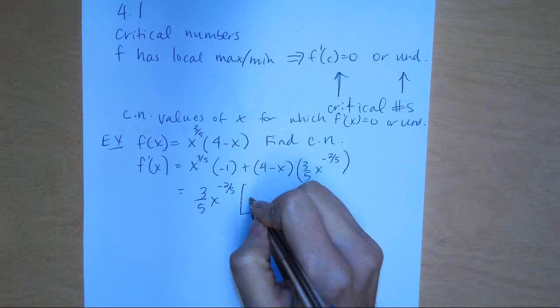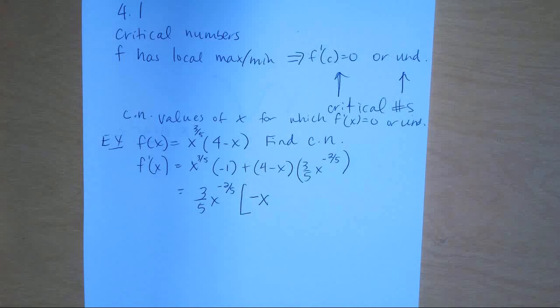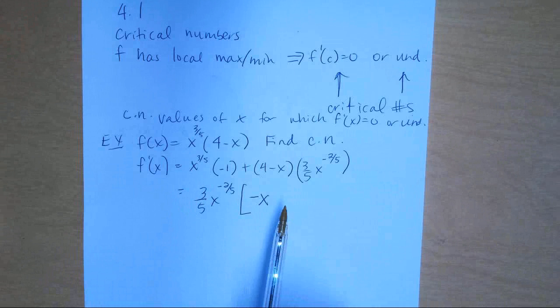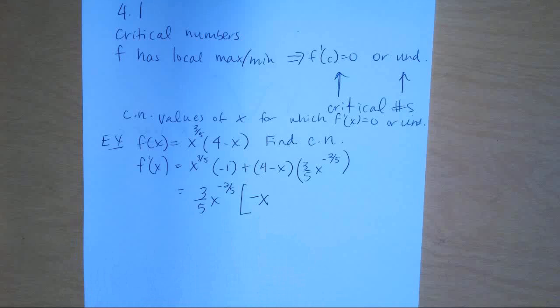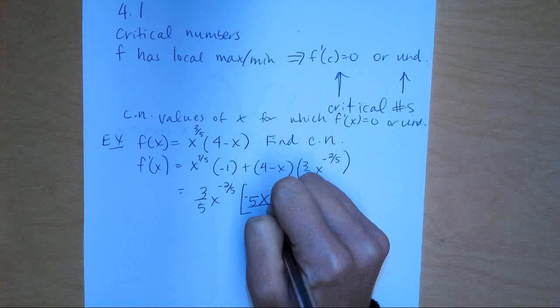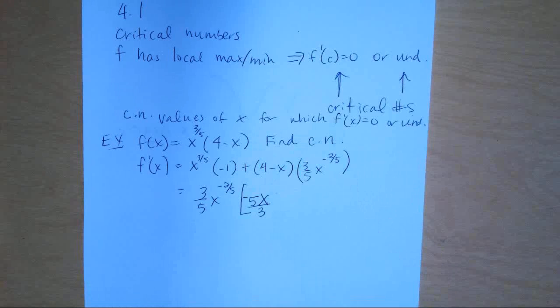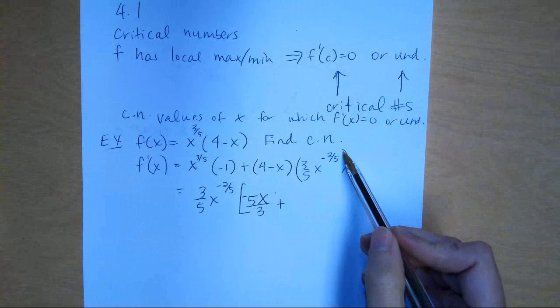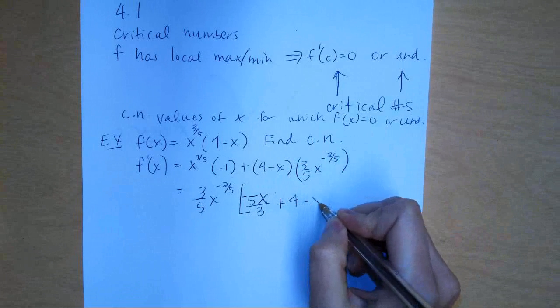Okay, so negative x, but I have this 3/5. So what do I have to have here? 5/3. Plus, now what's left over here? I actually took this whole term out, so just 4 minus x.